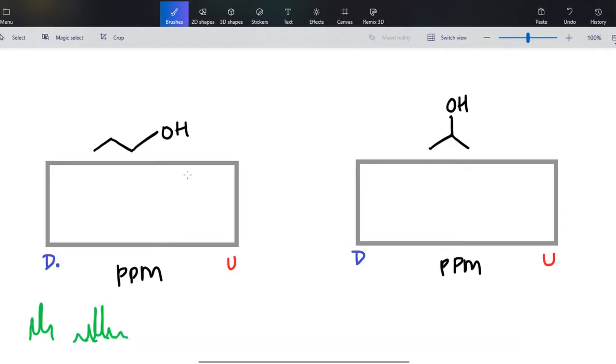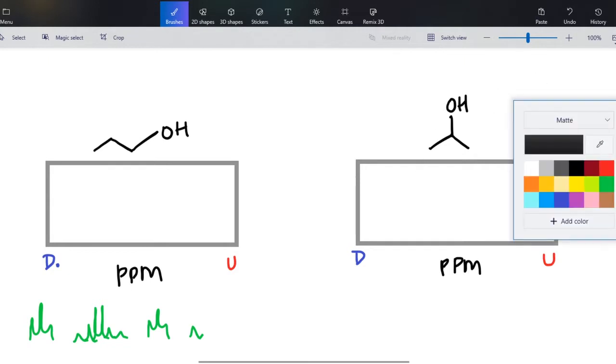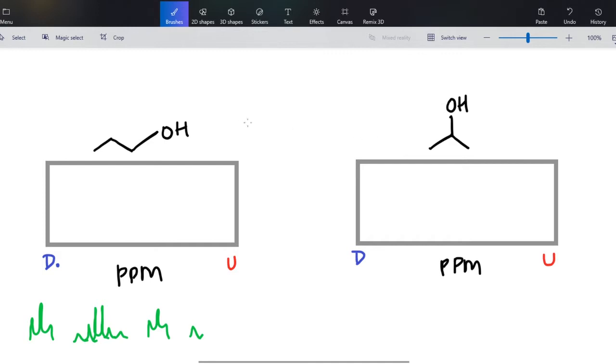That's a sextet. We've got a triplet again, and then we've got a singlet. So I'm just drawing out the peaks that you'd find. Now, I'm going to put them on the graph and show you the differences between 1-propanol and 2-propanol. So this has an integration value of 3. This has an integration value of 2, integration value of 2, integration value of 1.